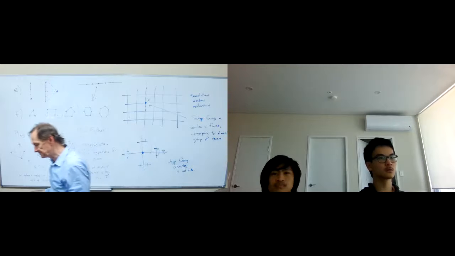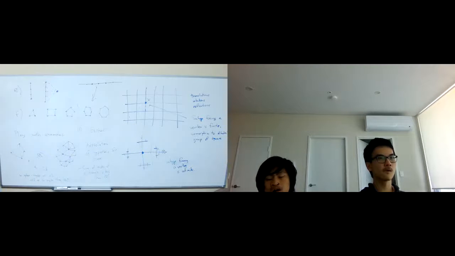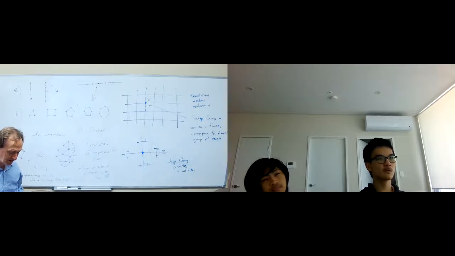Have you seen the result of Euler on the number of vertices, edges and faces if we have something in the plane or on the surface of a sphere? The number of vertices minus the number of edges plus the number of faces is 2 or minus 2, depending which way.